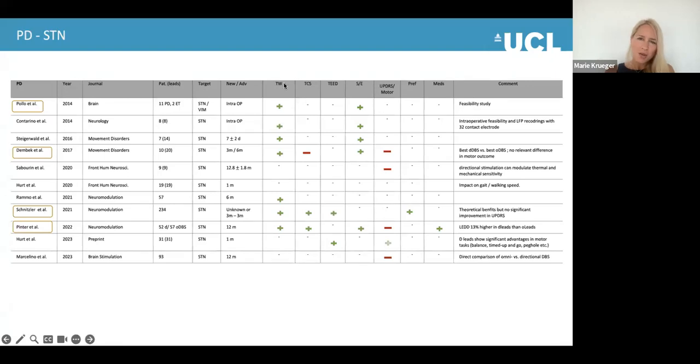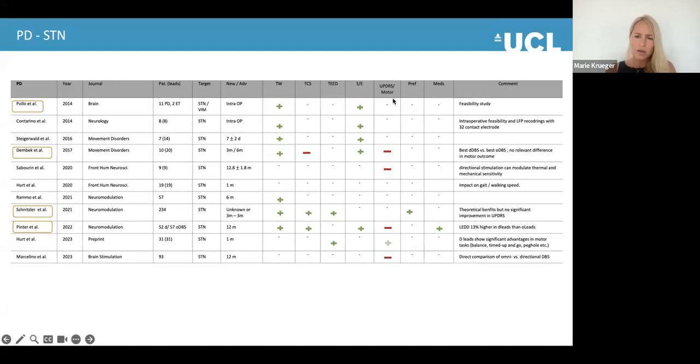I think the big question is, do the therapeutic window and all these theoretical benefits at some point translate into clinical benefits? There is one paper which is only a preprint, so I don't want to discuss it too much because it's not peer reviewed, but I kept it in because this is a study where they didn't look at the UPDRS scores, but they looked at other motor tasks like timed up and go, balance.